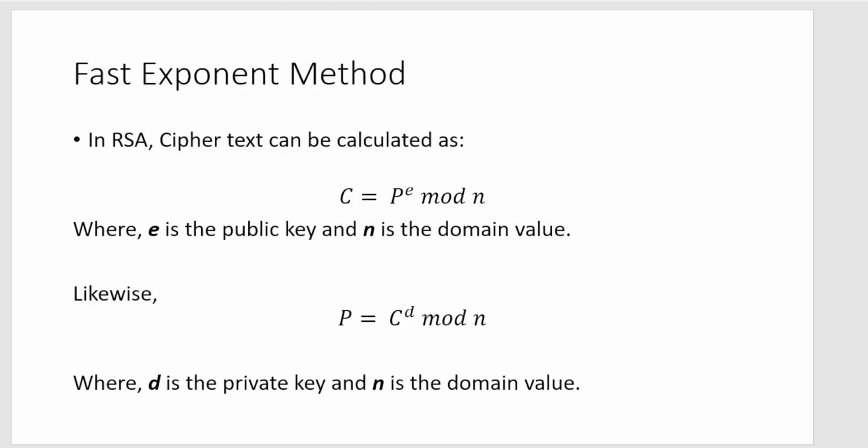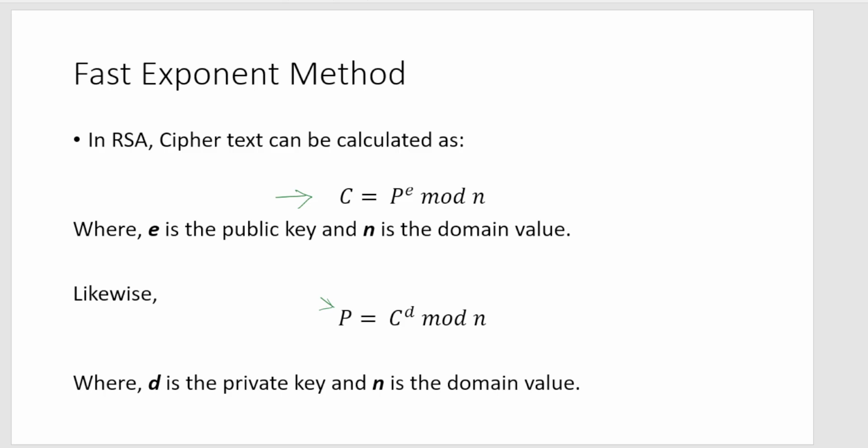The fast exponent method, once you actually know about the RSA, the cipher text can be calculated as C is equal to P to the power E mod N, where E is the public key and N is the modulus value. Likewise, if you do a decipherment, then you have P calculated as C raised to the power D mod N, where D is the private key and N is the modulus value.